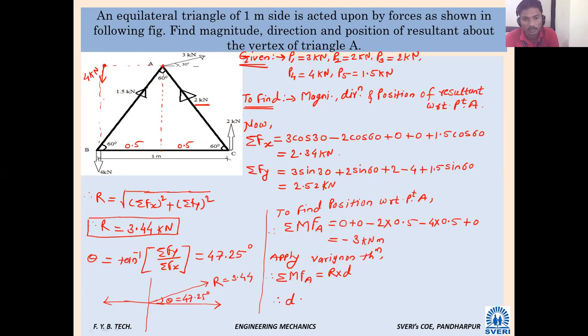D. Calculate D. What is the value of D? It will come negative, no? Minus 0.87 meter.